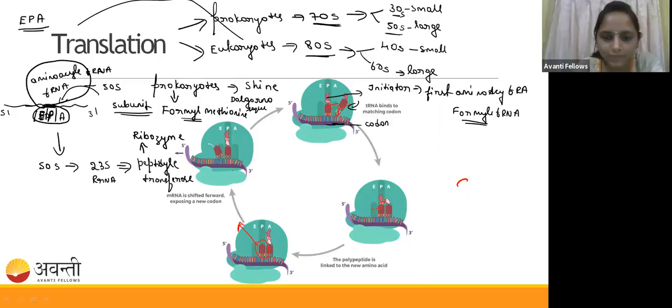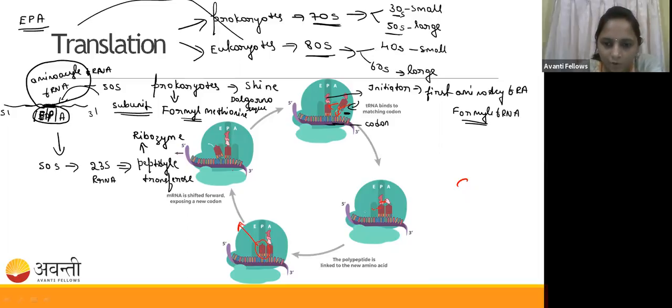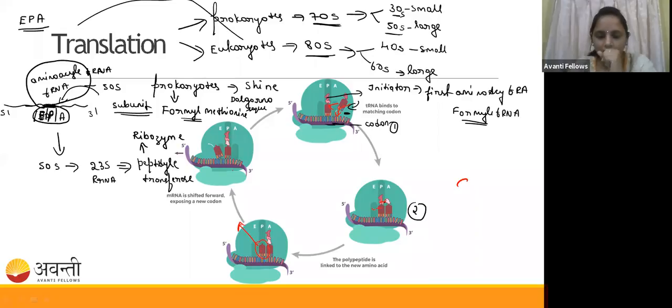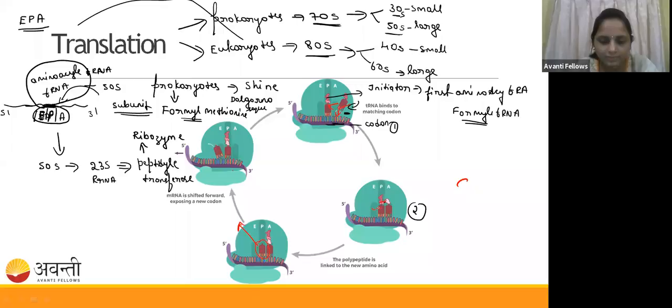Now what will happen, guys? The amino acid in the P site and the amino acid in the A site form a peptide bond. In the first diagram, the amino acid is coming into the A site. In the second, you can see the peptide bond formation takes place between the amino acid in the P site and the one in the A site.